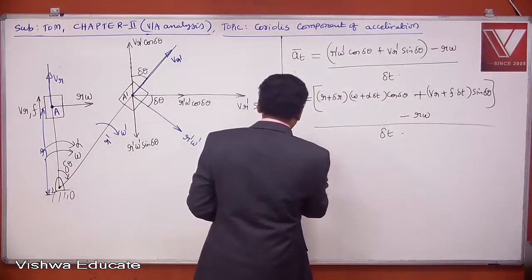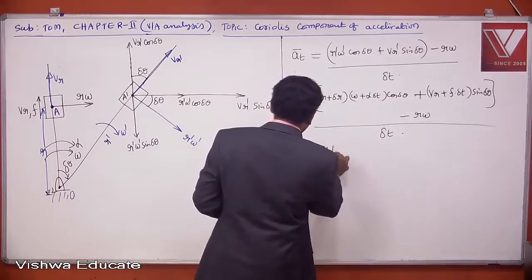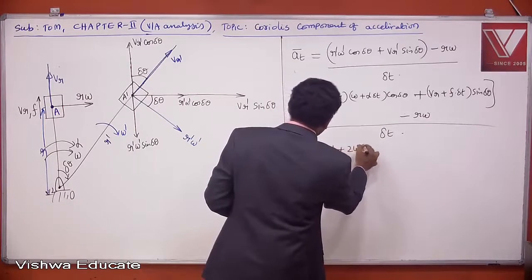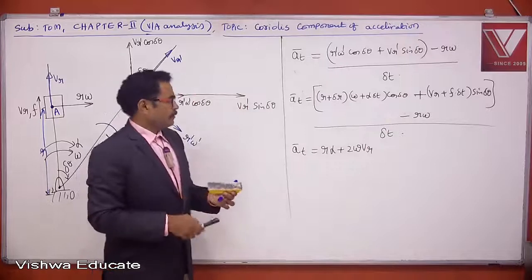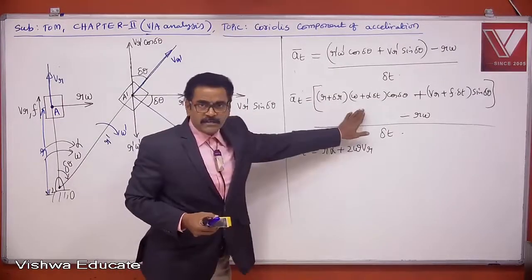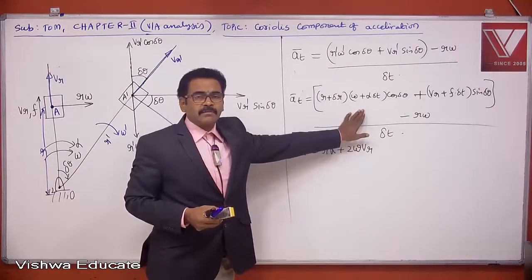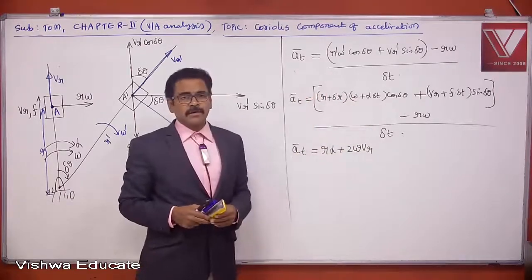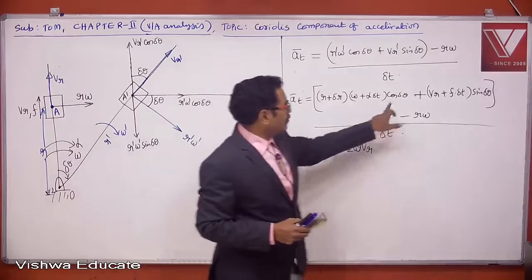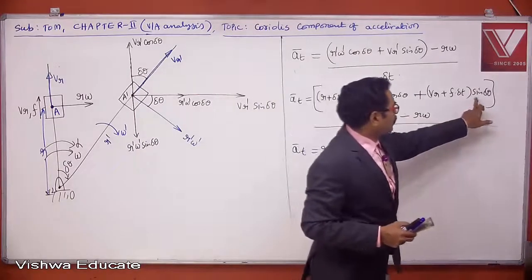Total tangential acceleration is equal to r alpha plus 2 omega VR. In the simplification, you may assume cos delta theta as 1, because when delta theta tends to 0, cos delta theta becomes 1. Here you may put 1 and here you may put delta theta.